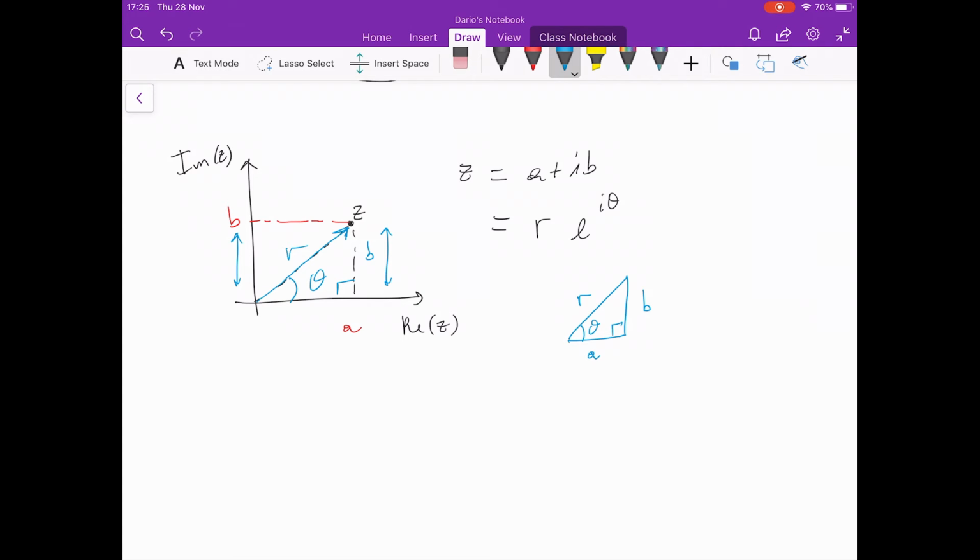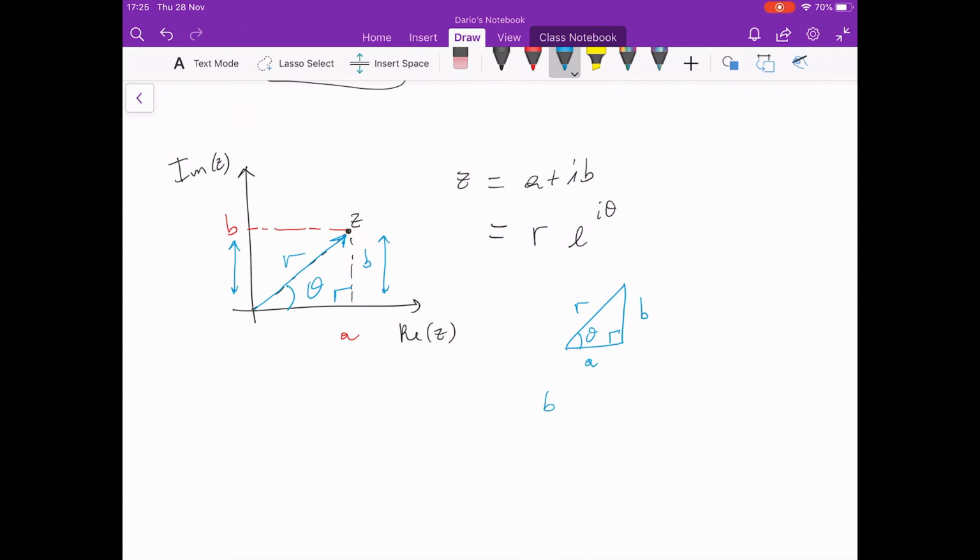Well, if we know that, we will know that b is equal to r times the sine of theta, and a is equal to r times the cosine of theta. So we could have found a and b by just doing r sine theta and r cosine theta, and then adding them together to find z as a plus ib.